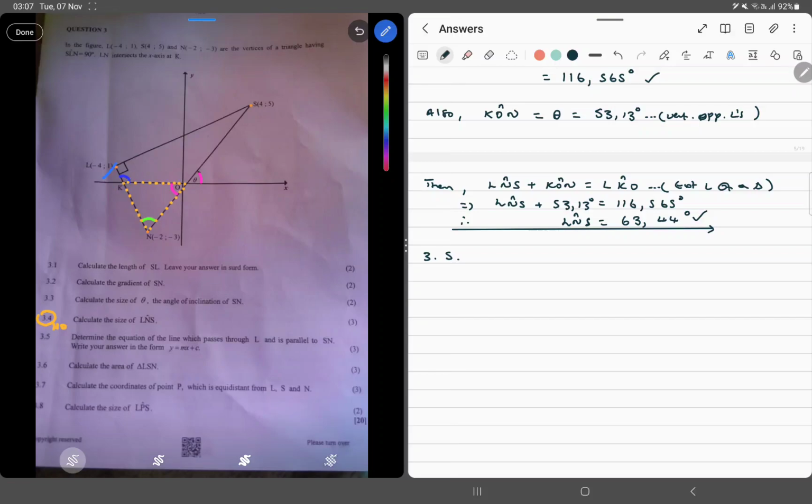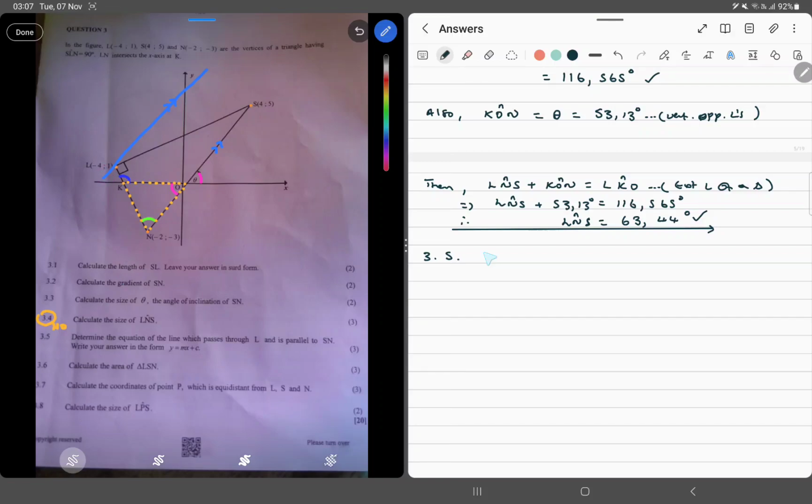So there's a line passing through there. Obviously, it's not going to be exactly straight because now I'm just trying my best. So there is that line. It's parallel to SN passing through point L. Okay.